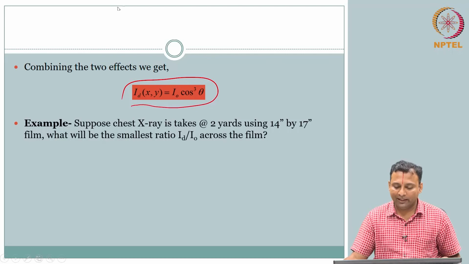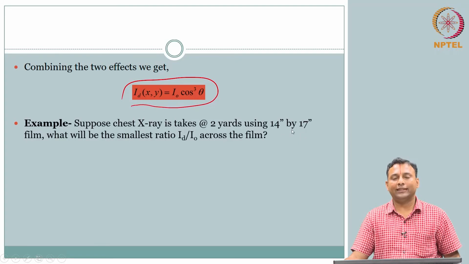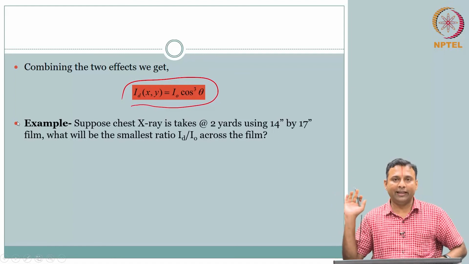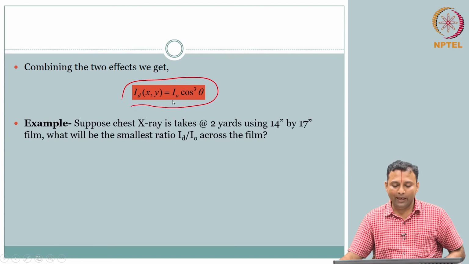So, you have your standard sizes, right. You are standing at 2 yards and using a 14 cross 17 inch X-ray, that is your field of view in the detector. So, what will be the smallest ratio, this I_D by I naught across the film?